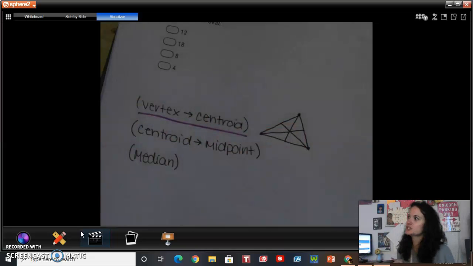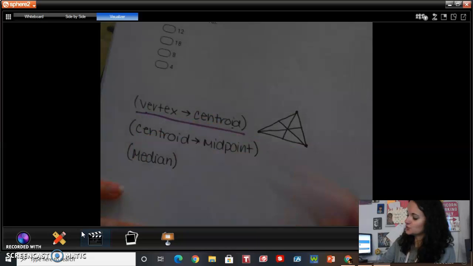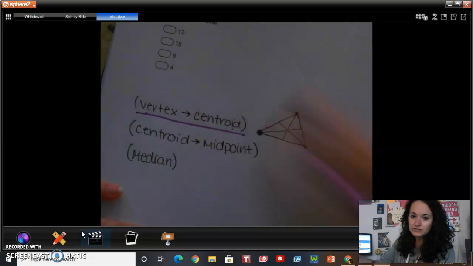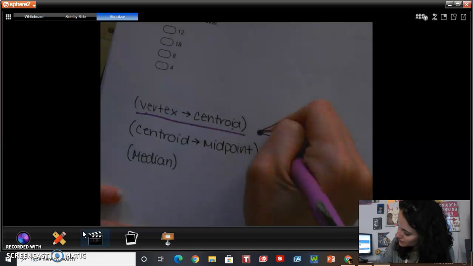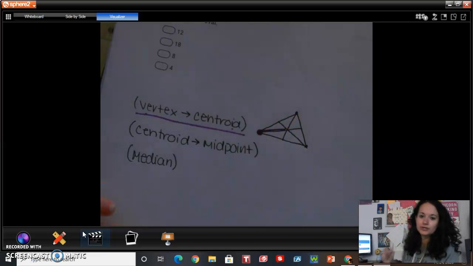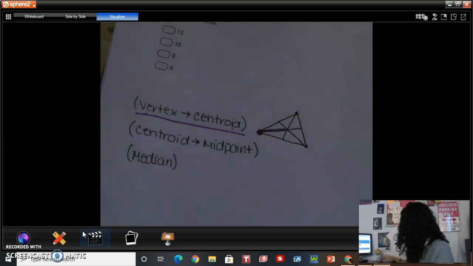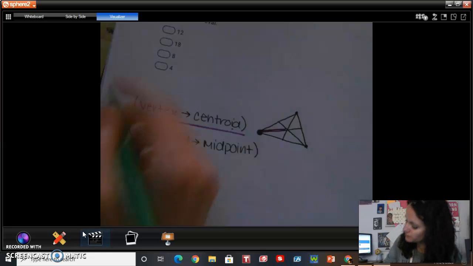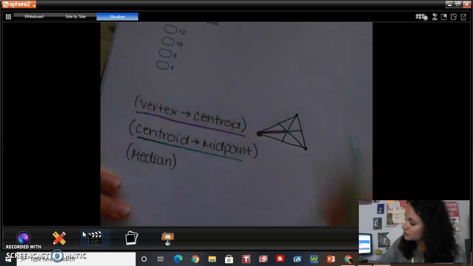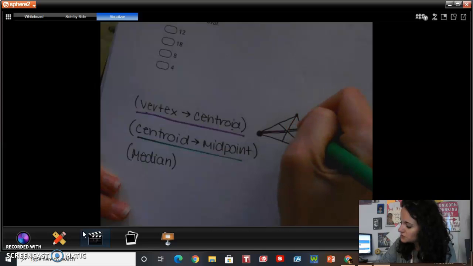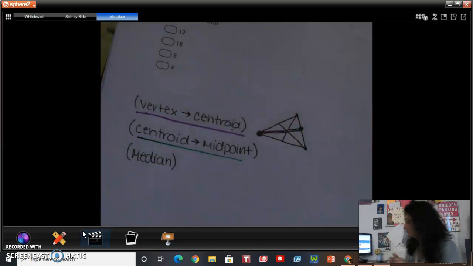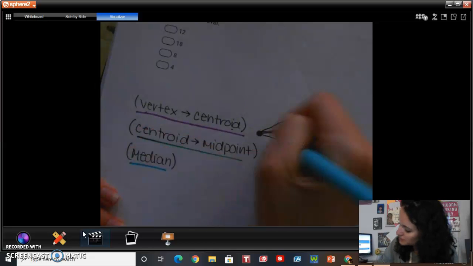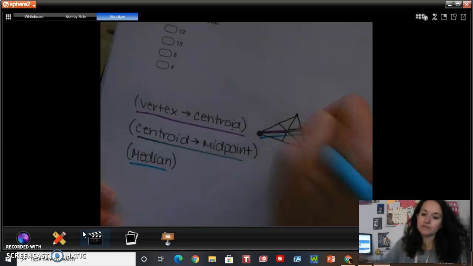Do y'all remember magenta from Blue's Clues? Magenta. Okay, so vertex to centroid is going to go from like an original point to the center, because that's our centroid, okay? All right, then centroid to midpoint, we're going to do in green. That is going from our center to the midpoint. It's that little segment right there. And then a median, okay, a median is represented by the whole thing.